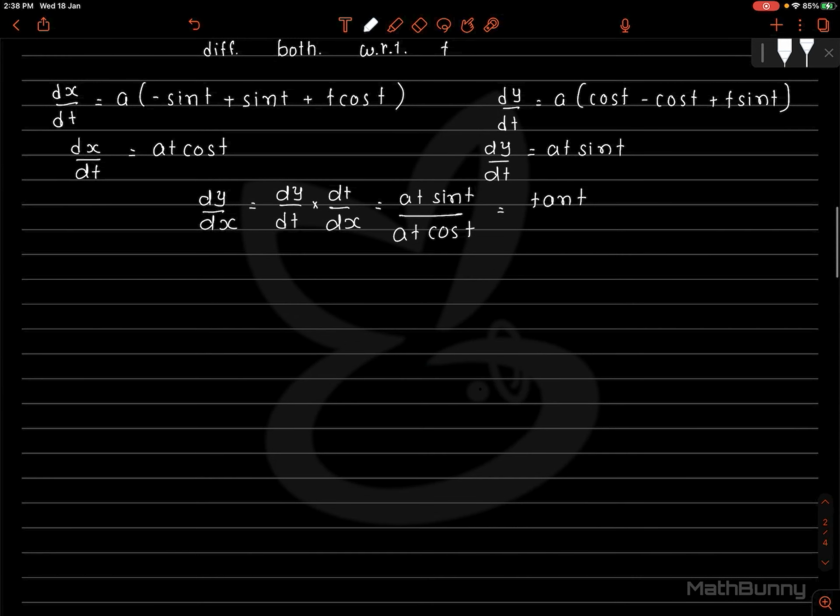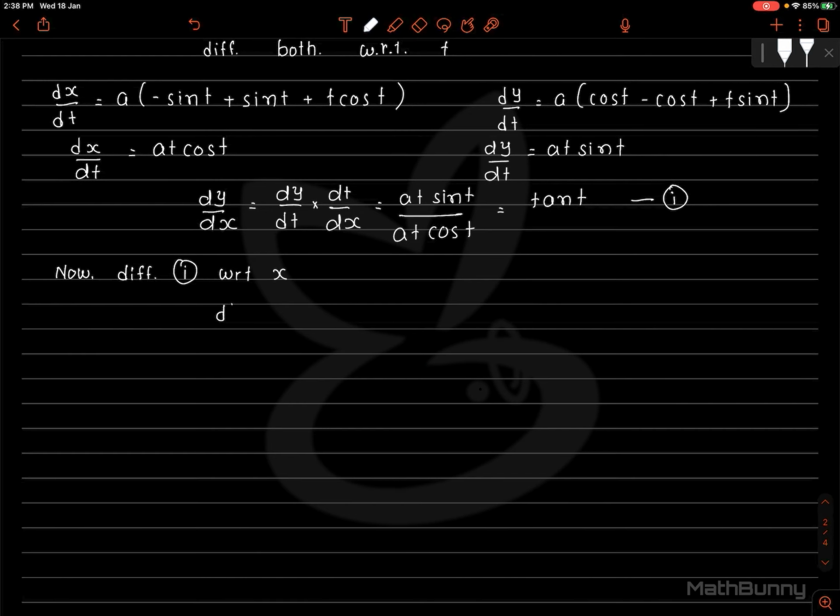Now what we are supposed to do, if we are to find d square y upon dx square, say this is result number 1. Now we will differentiate result number 1 with respect to x.